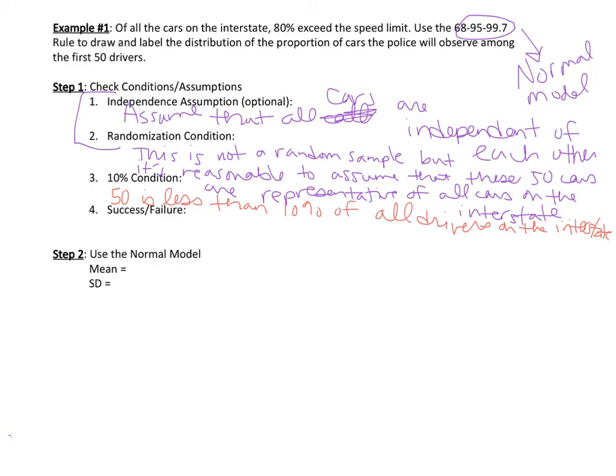There's an alternative way to write that. Our sample size of 50, if you were to multiply that by 10, that would be the limit of the population that we wanted. So you can also say there are more than 50 times 10, or 500 drivers total.